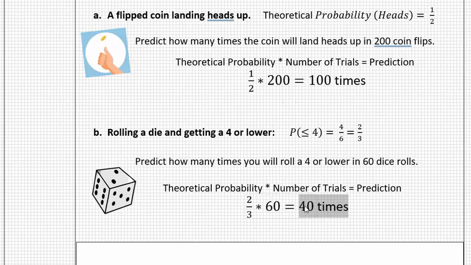Notice this is 40/60, also equivalent to 2/3. So 2/3 of 60 is 40 times, and that would be a good prediction for the number of times out of 60 dice rolls that we would roll a 4 or lower.